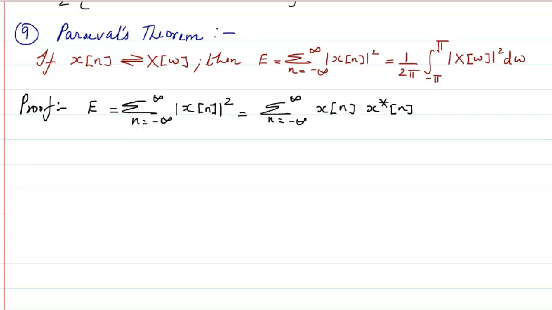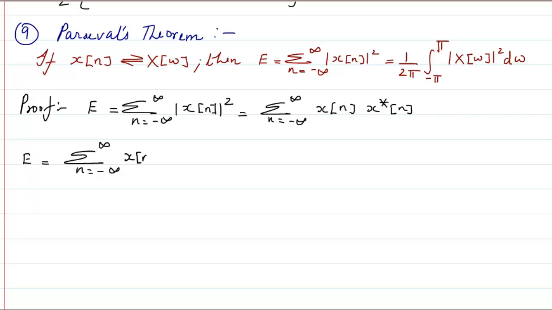Now, if I want to find out x of n with respect to its Fourier inverse, I can write that energy is equal to the summation from n equal to minus infinity to infinity of x of n times the conjugate value of x of n, which I will write as such.